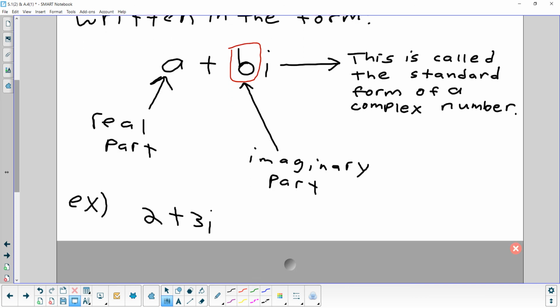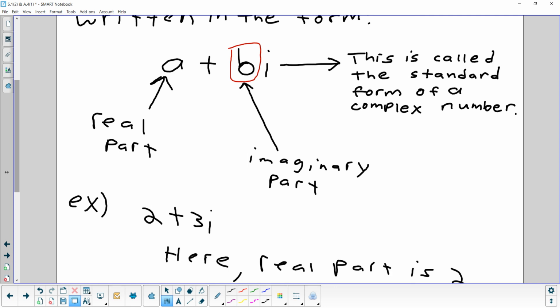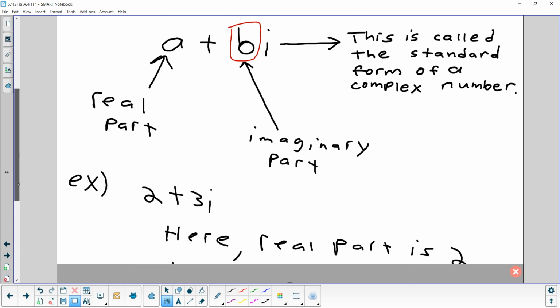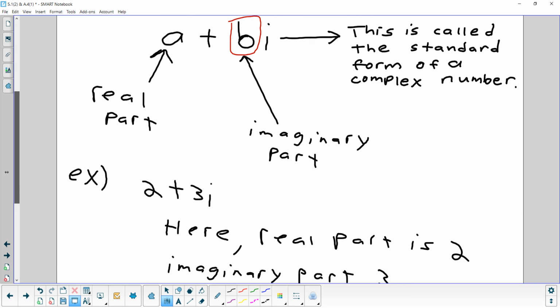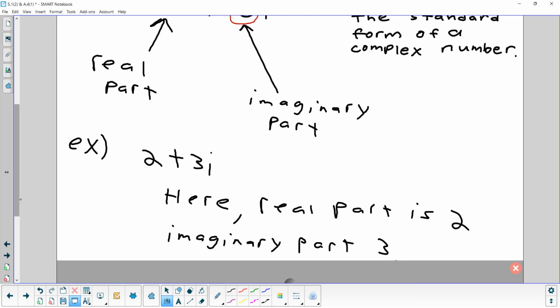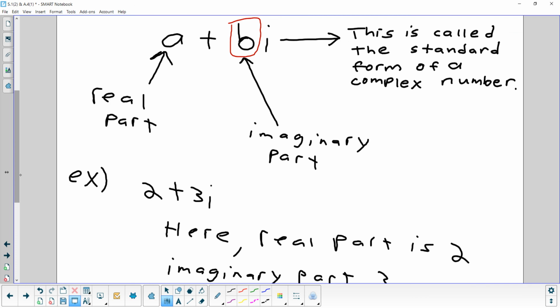Okay. And an example would be something like that. 2 plus 3i. That's a complex number that has a real part of 2 and an imaginary part of 3. It wouldn't be wrong if you wrote 3i plus 2, but that's not normally how we do it.